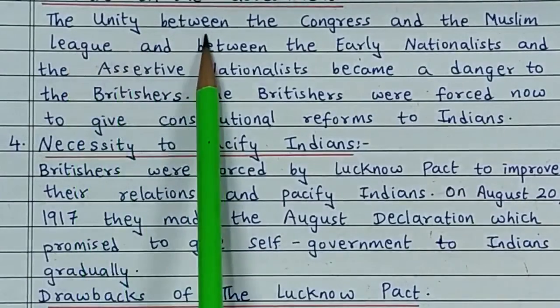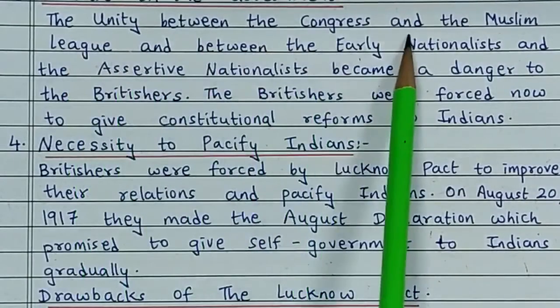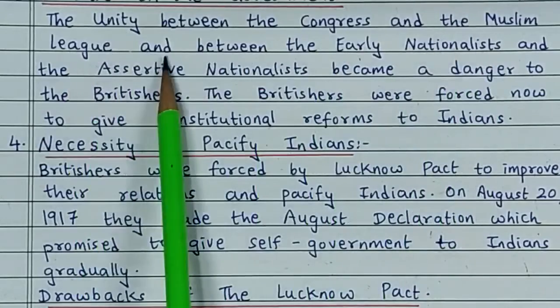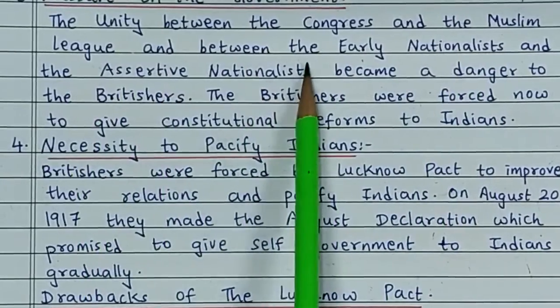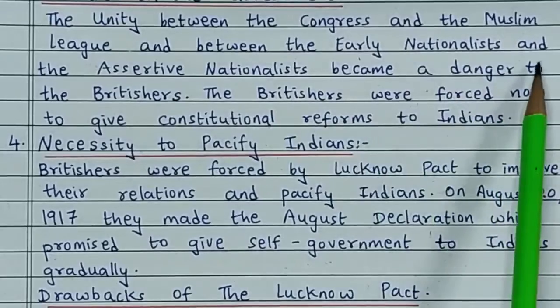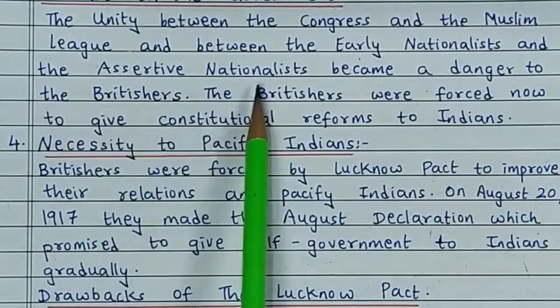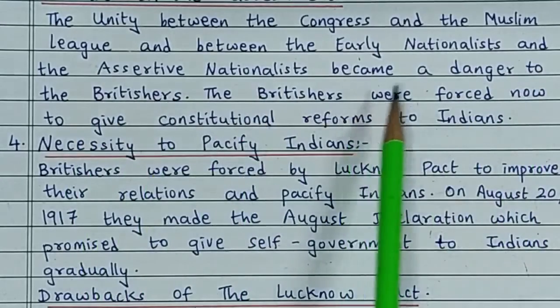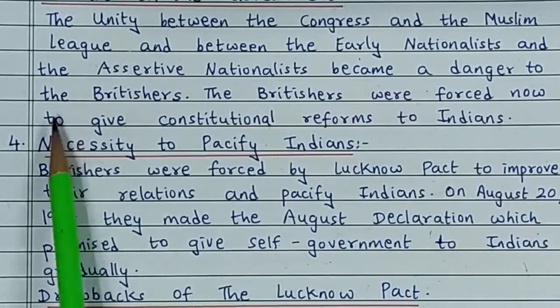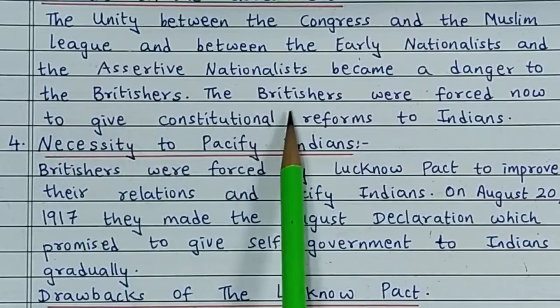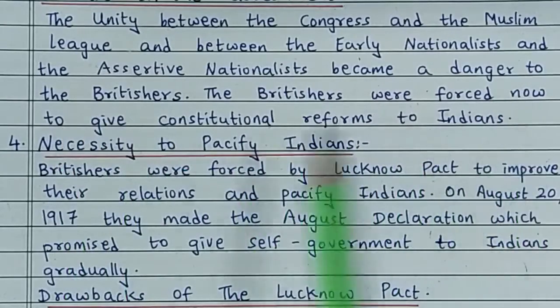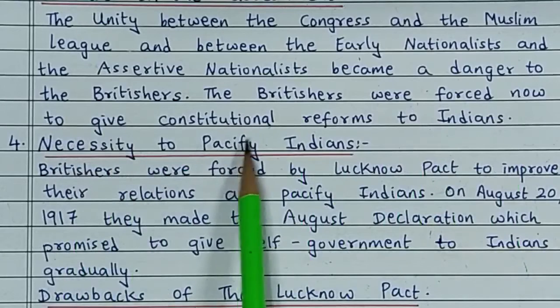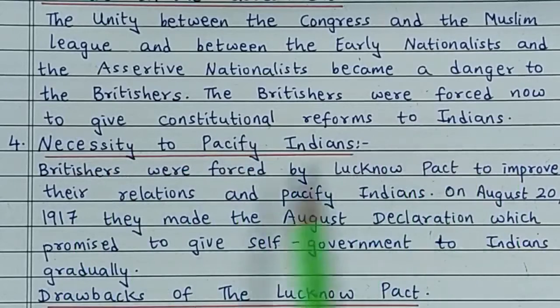The unity between the Congress and the Muslim League and between the early nationalists and the assertive nationalists became a danger to the Britishers. The Britishers were forced now to give constitutional reforms to Indians.